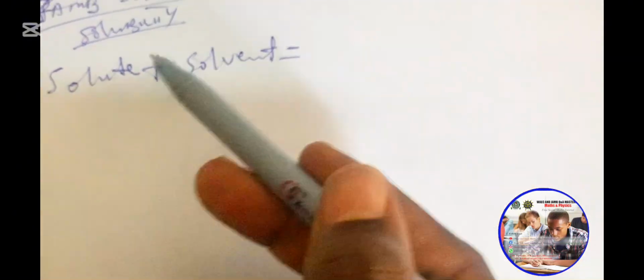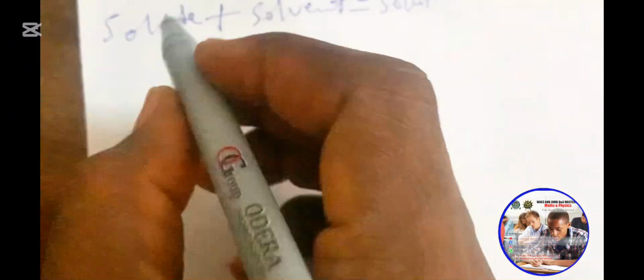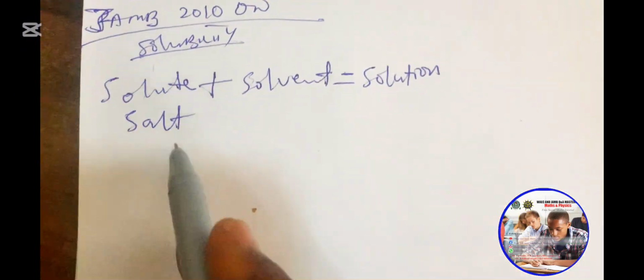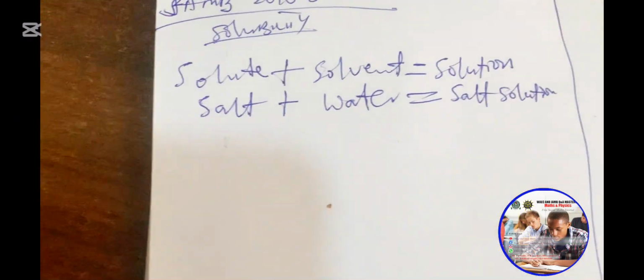So that's how it is. And when this dissolves in this, they form what we call a solution. A typical example of this is salt. Salt is the solute, plus water. Water is the solvent. And when you dissolve salt in water, they give you what we call salt solution. Okay, so that's what it is.